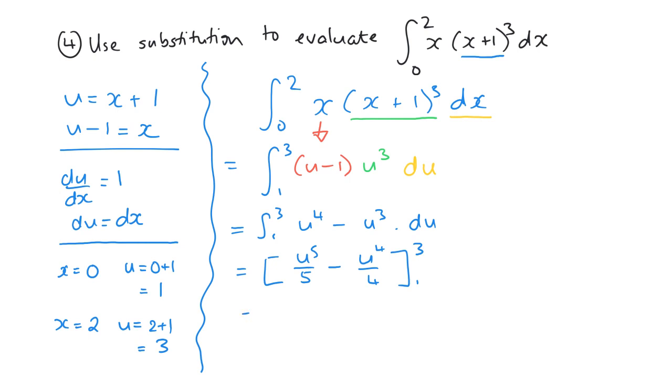We can just put the limits in as u. So 3 to the power of 5 is 243 over 5, minus 81 over 4, minus a fifth, minus a quarter. And when we work all that out, we get 28.4.